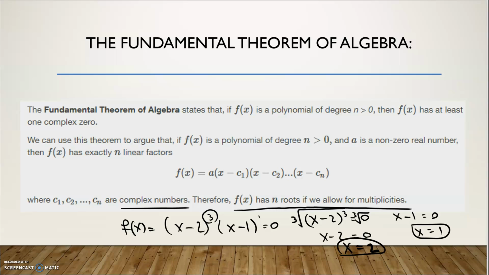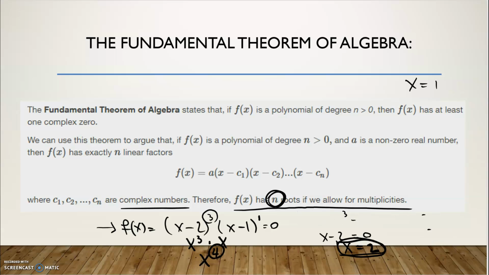Now it says f of x has n roots, and n is talking about the degree of the polynomial. So let's find the degree of this polynomial. Well, x minus 2 would be times itself 3 times. So that would be x times x times x. So we would have an x cubed here. This is raised to 1, so then it would be times x. So this is x raised to the 4th. So we have an n of 4, but I only found 2. Now what I could have done is write x equals 1 over here.